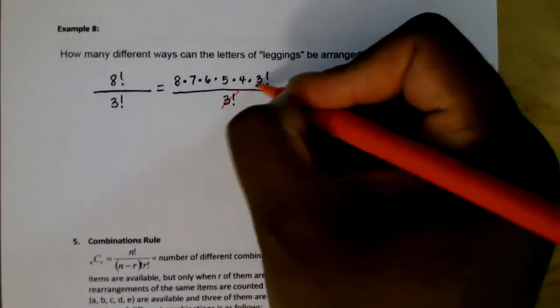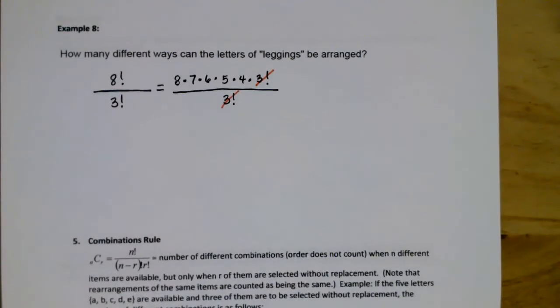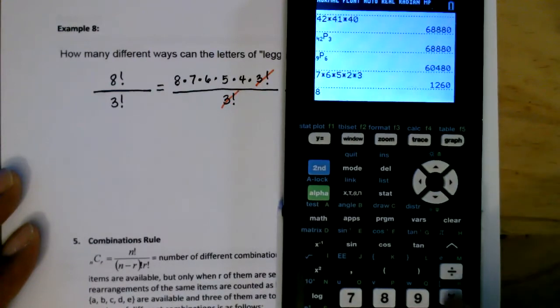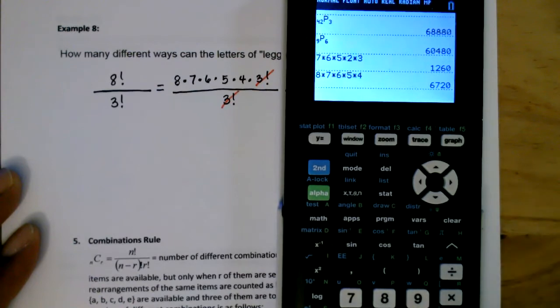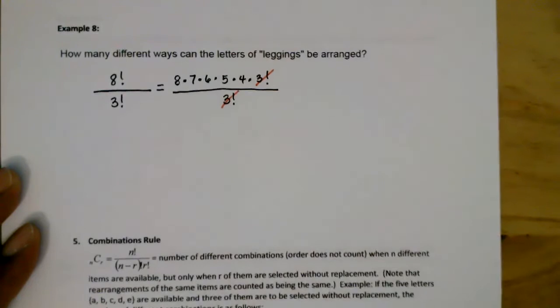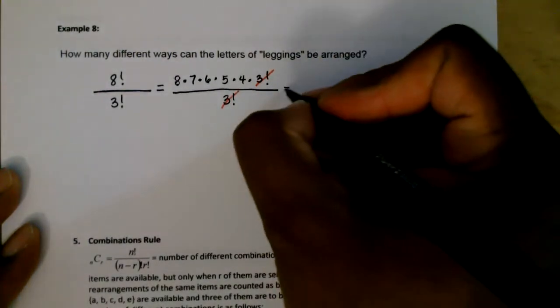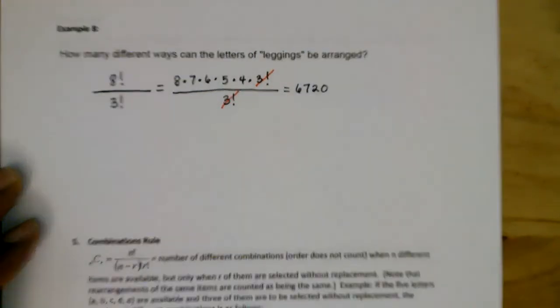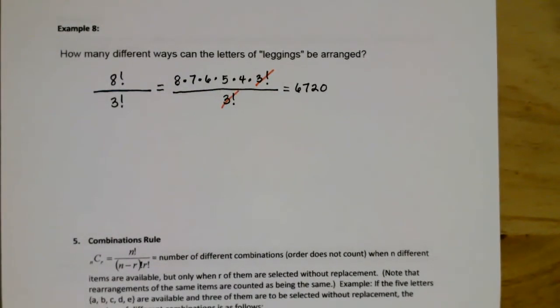Here the 3 factorials divide out. So all I have to do there is just 8 times 7 times 6 times 5 times 4. And that would give me 6,720. So here there are 6,720 ways that the letters in the word leggings can be arranged.